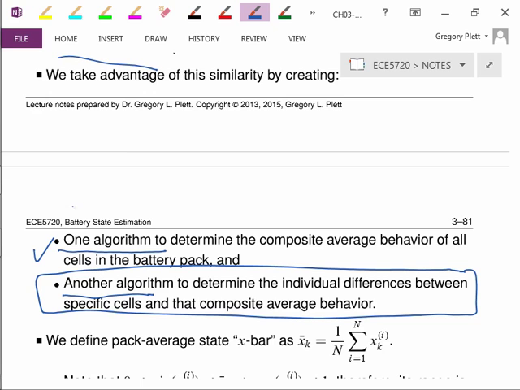We're going to call it pack average SOC, just to be careful. But we're also doing this step, which is something that's easy not to do, easy to not think of, which is, yes, we're still going to determine all the individual states of charge and all the individual states of all the cells, but we're going to do it in reference to this pack average. And that's actually going to make life simpler.